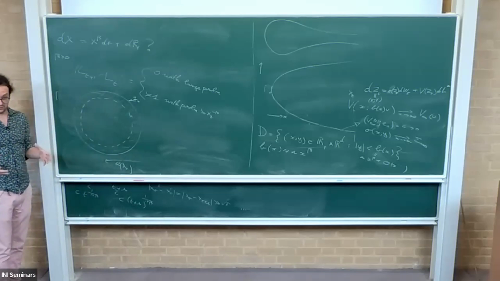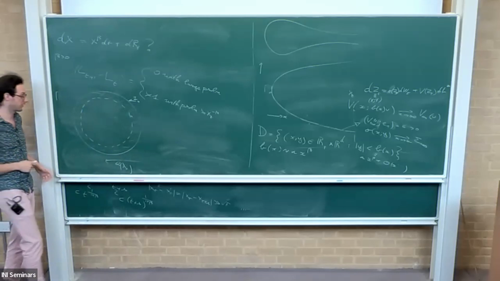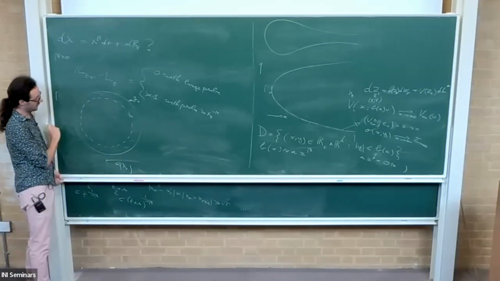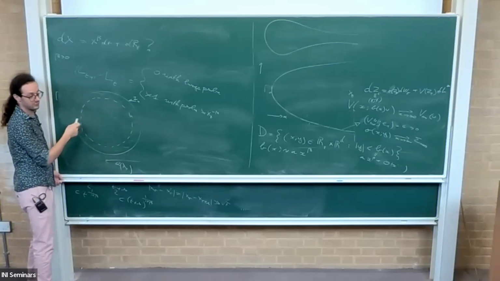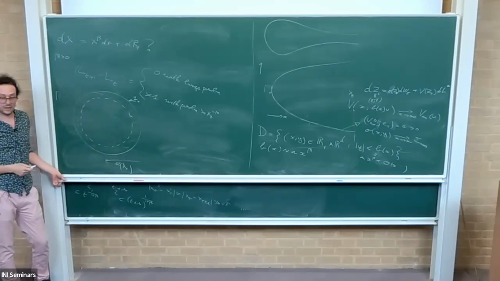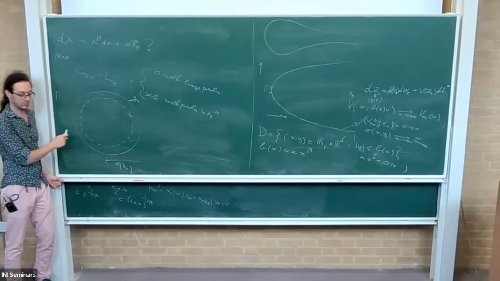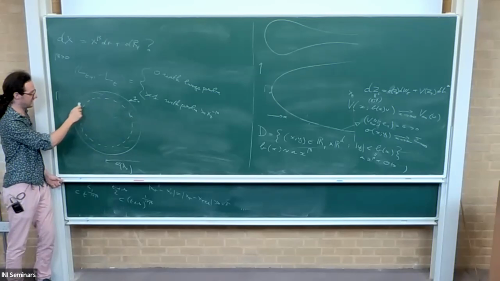In particular, this invariant measure will have a density with respect to the Lebesgue measure, and that density is not going to go towards 0 near the boundary, and it's also not going to explode. It's going to be essentially constant. So the probability that you end up in this area is of the same order as the relative area of this set.